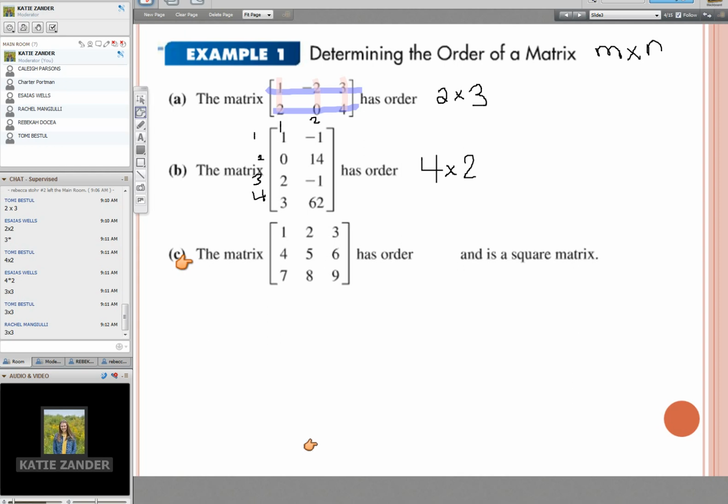Three by 3, yeah. This is a square matrix, right? Because the number of rows and the number of columns match. 3 rows and 3 columns, so this is considered a square matrix. Good. Any questions with determining the order? Because like I said, believe it or not, that's going to be a pretty important piece moving forward.